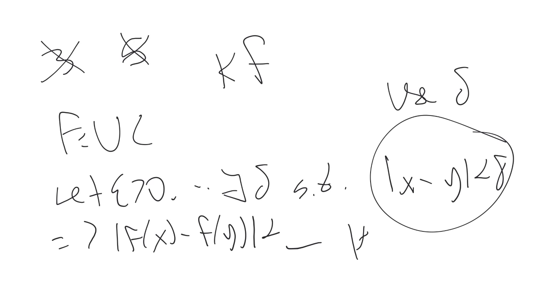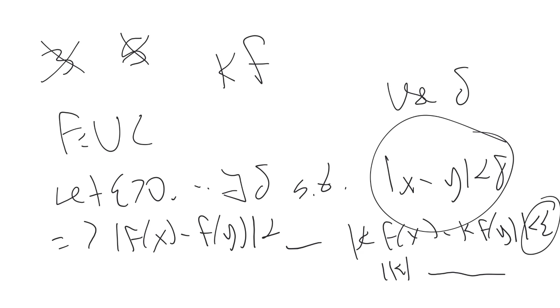If you think about k f of x minus k f of y, I want that less than epsilon as my goal. Well, if you pull the k out like that, then you would have the stuff above. Sorry, I'm running out of space here. Then going back to this spot, it should just be epsilon over the absolute value of k.